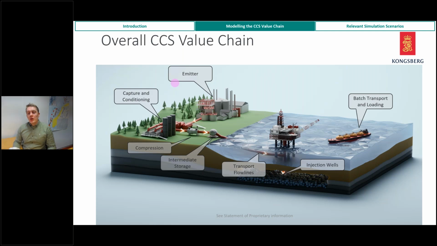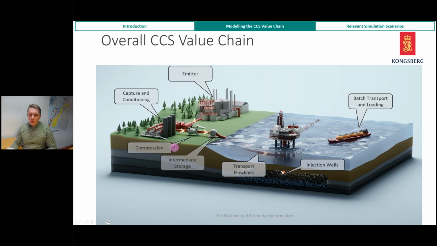This is where we want to capture your CO2 from. And then you need a capture and conditioning facility. In my experience, this is an amine loop. Of course, membrane technology is also quickly coming online. I will be using amine as an example in the talk today, simply because that's what I've been working with the most.